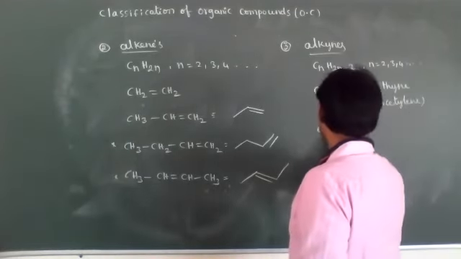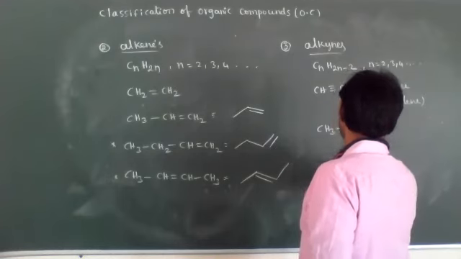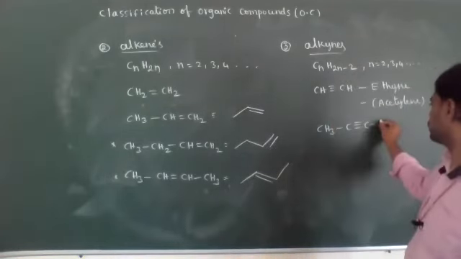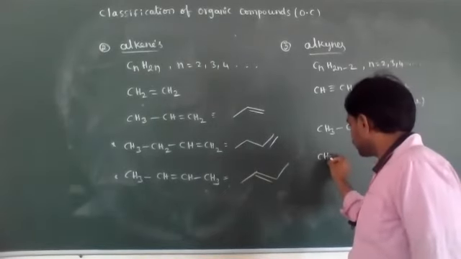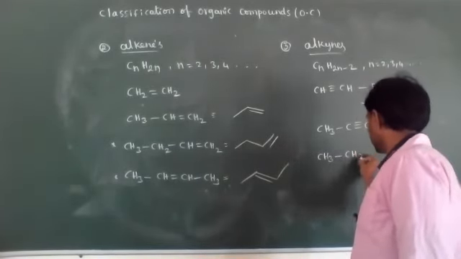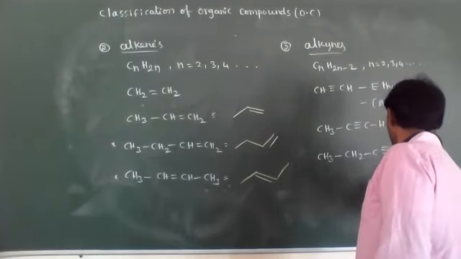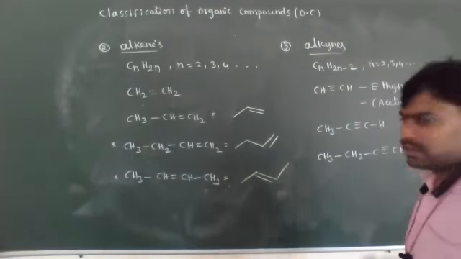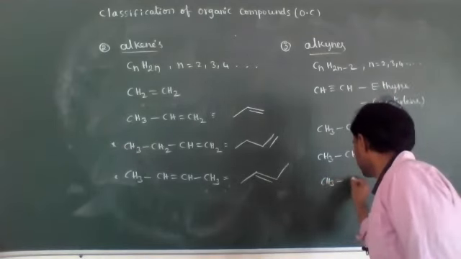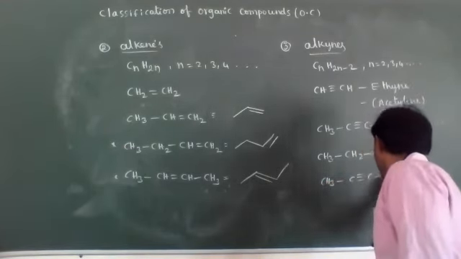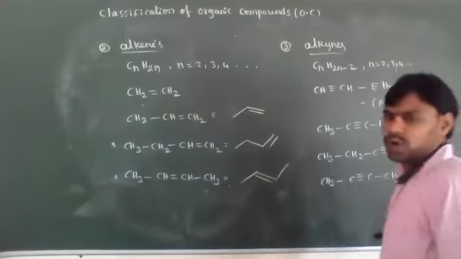The three carbon alkyne is CH3-C≡CH, prop-1-yne. Four carbons, but-1-yne, where the triple bond is present at one end. You can write it in the middle also, but-2-yne.